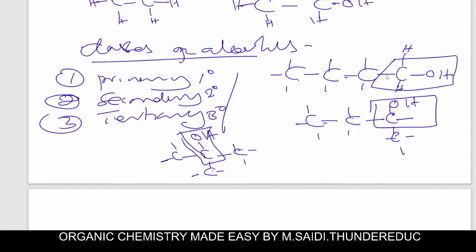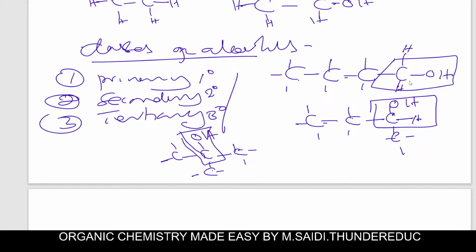In other words, it is attached to one alkyl group, one carbon atom. We call it an alkyl group. While this one has one hydrogen, or is attached to two alkyl groups, two groups of carbons. You see, this group and this group. While this one has no hydrogen, but is attached to three other carbon atoms.